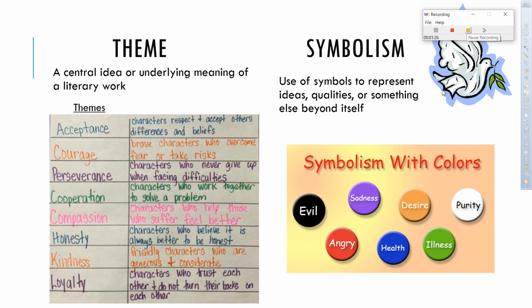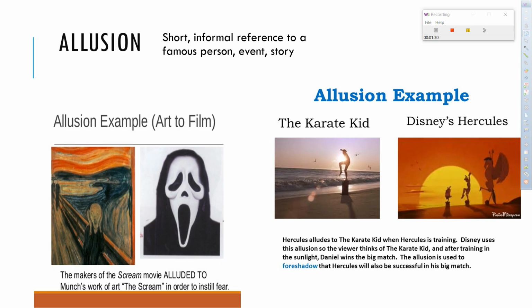I'm going to go to the next slide. The next literary term is allusion. An allusion is a short, informal reference to a famous person, event, or story. In the first example on the left, you will see a famous picture called The Scream.